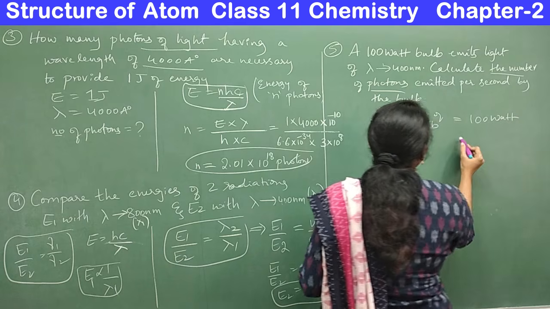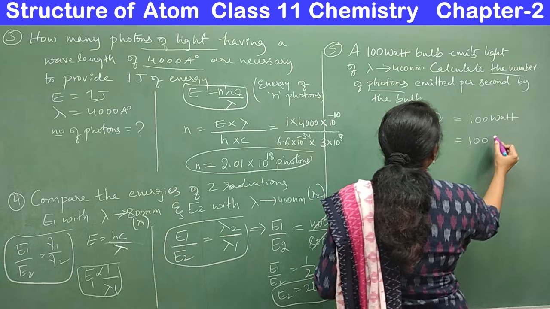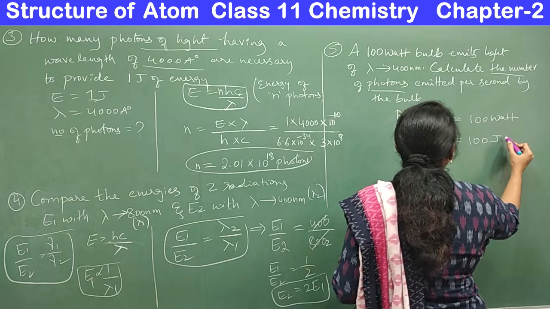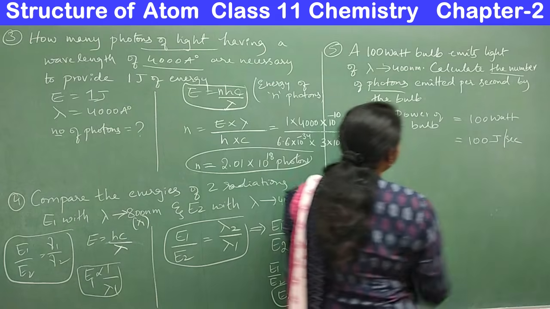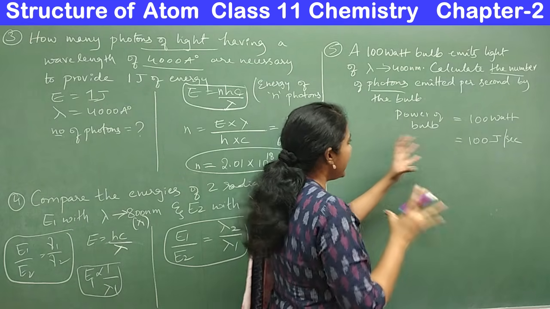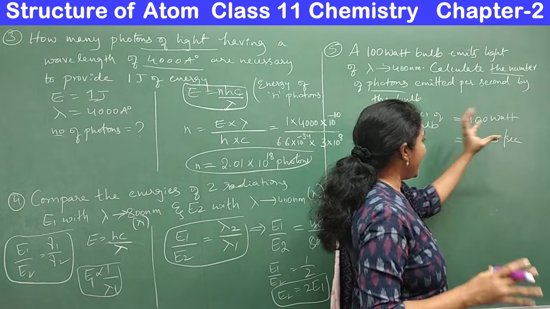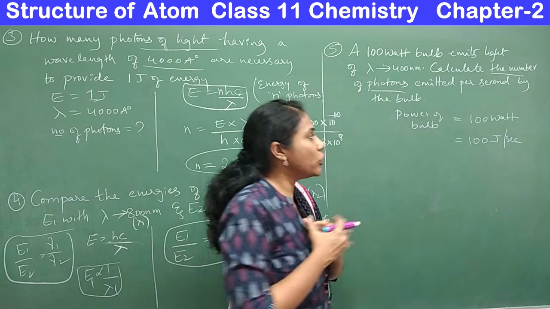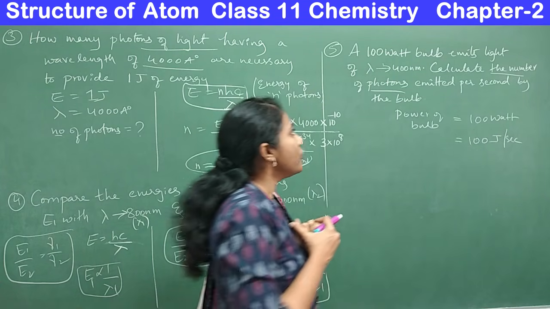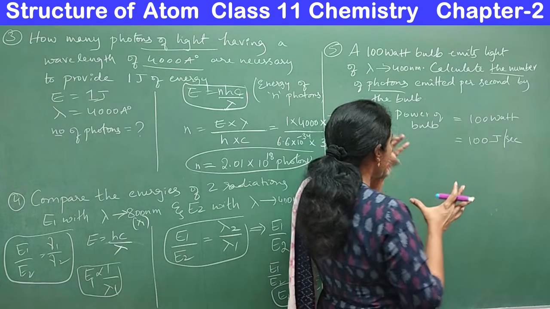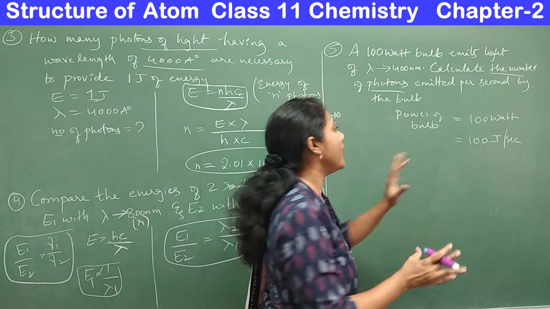Right, 100 watt in the sense what? It is 100 joules per second. So that means this is the energy. So this much energy has how many photons, they are asking. So let me first check the energy of one photon.